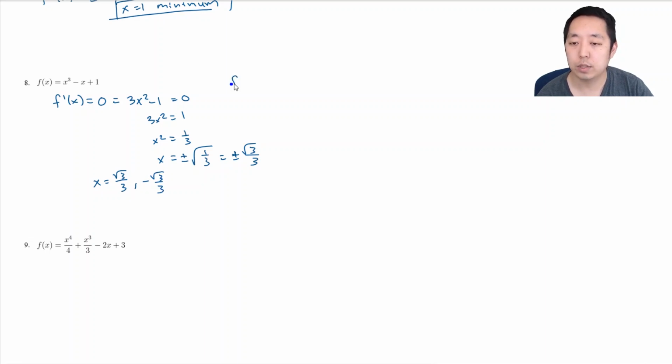So now I need to compute the second derivative. The second derivative would be 6x. Okay, and so when I plug in positive root 3 over 3, it's greater than 0, so it's concave up. And when I plug in negative root 3 over 3, when I plug in a negative number here, this whole thing's negative, right?